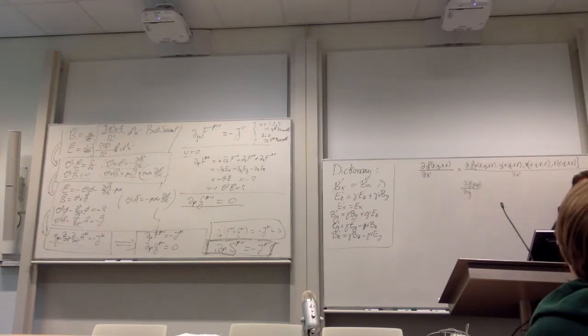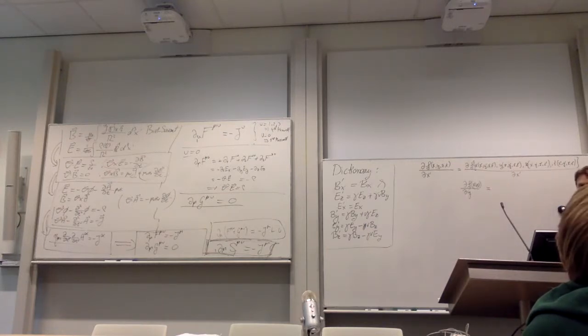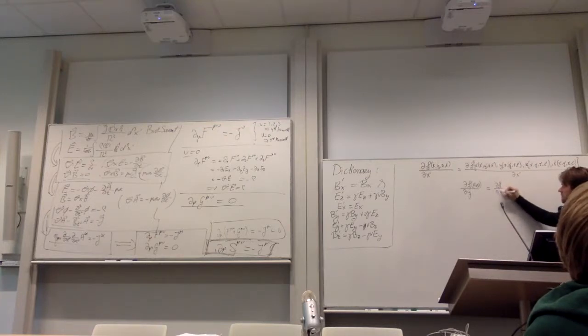What do you do? Chain rule. So what would it be? df over dy multiplied by dx over dy, something like that. This will be the chain rule.